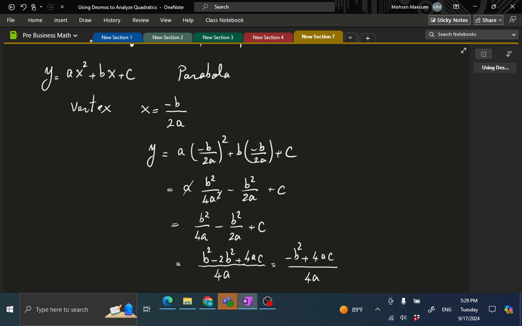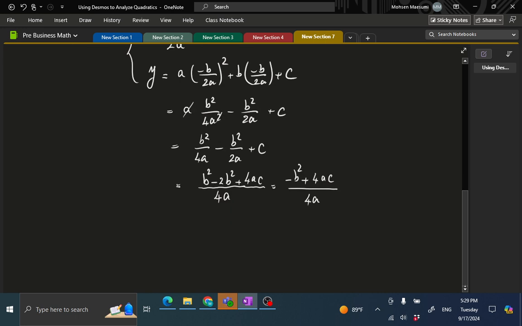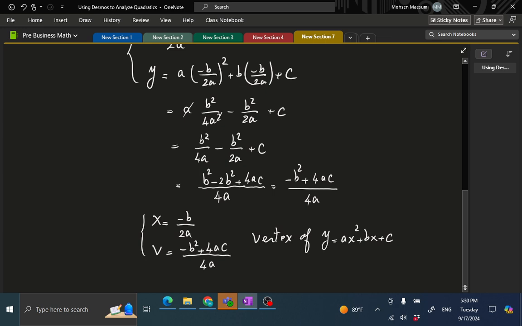So what did we get? This is the x of the vertex and this is the y of the vertex. Let's paraphrase this. X is minus b over 2a. Y is minus b squared plus 4ac divided by 4a. So that is the vertex of the parabola y equals ax squared plus bx plus c.